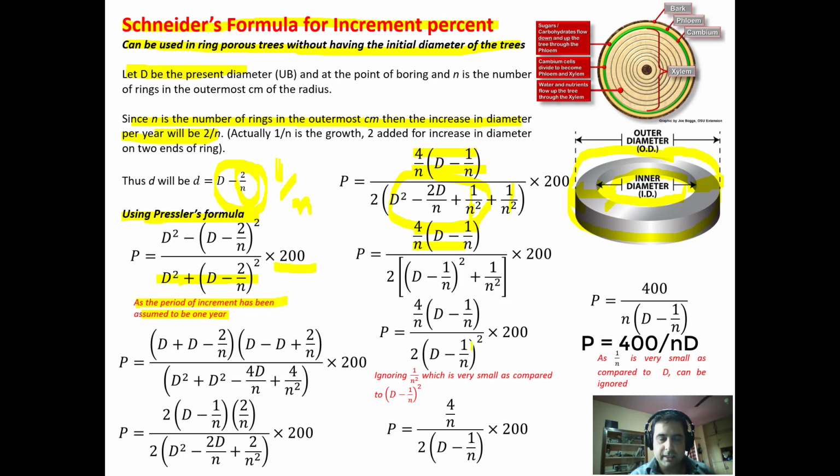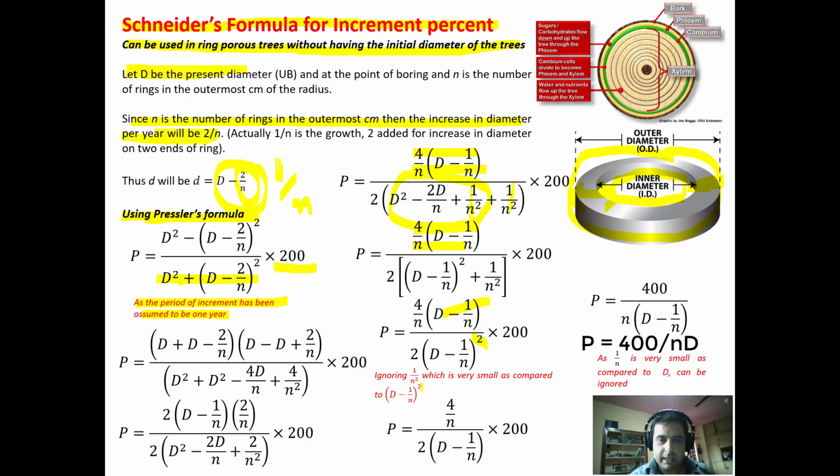So reworking the formula, we are getting 4 upon n (D minus 1 upon n) into 2 upon (D minus 1 upon n) square. So here one of the terms and the square will go, so we are left with 4 upon n, 2 into (D minus 1 upon n) into 200.